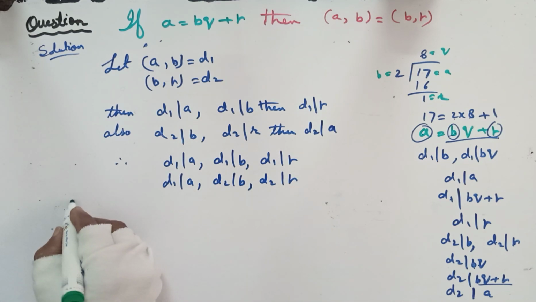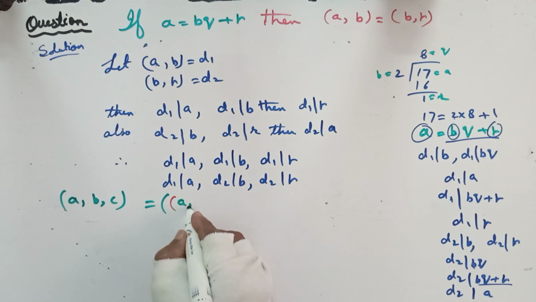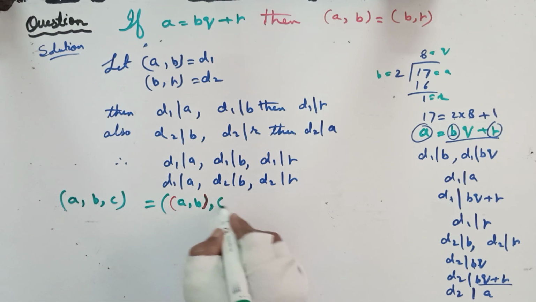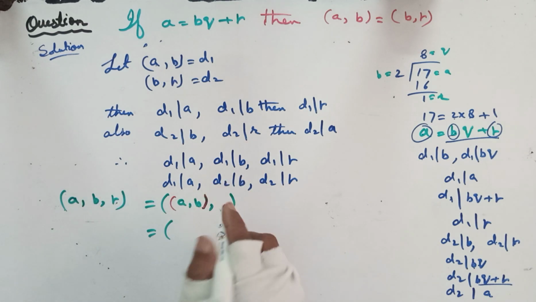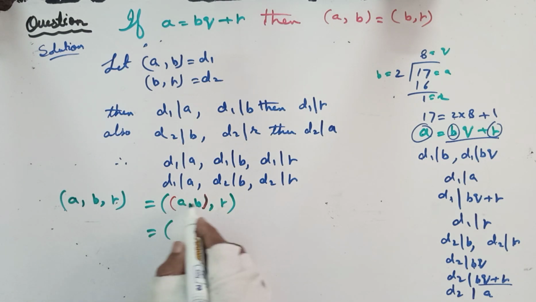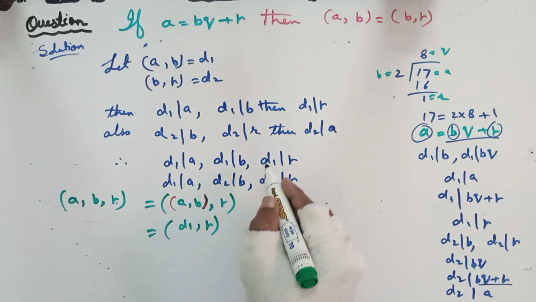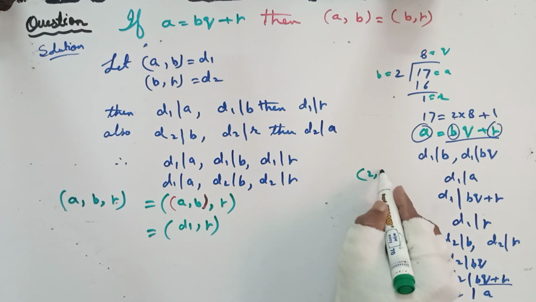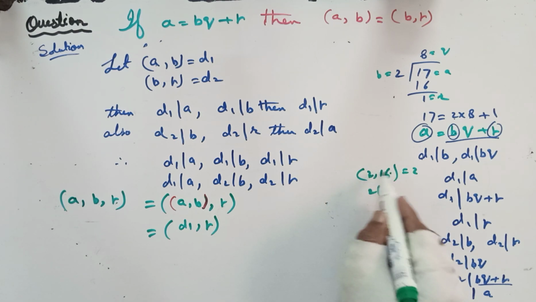Now consider A, B and R. As you know, the GCD of A and B we supposed to be D1, and D1 divides R. If I have two numbers 2 and 16, and 2 divides 16, then 2 must be the greatest common divisor of these two numbers.